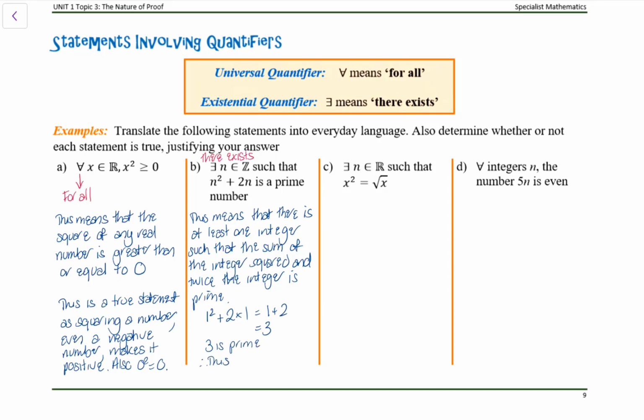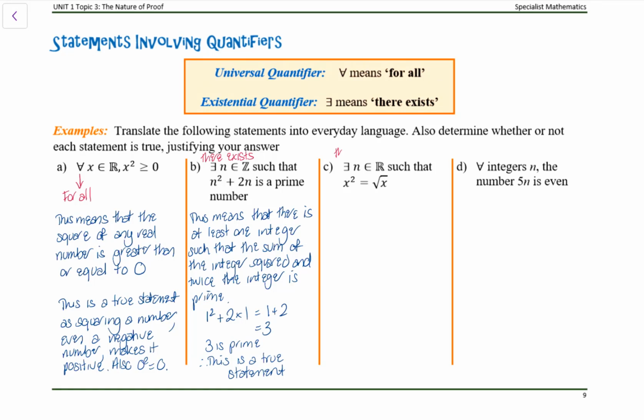Therefore, this is a true statement. You only need one example when you're talking about the existential quantifier. You just need one example that works. For all, you need to prove that it works for everything.